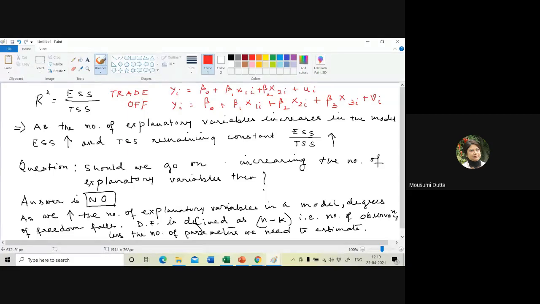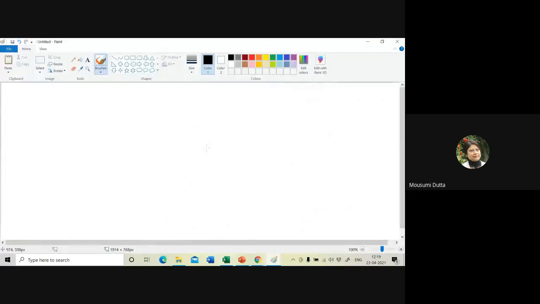In this context, we consider the notion of adjusted multiple R square, defined as R bar square.